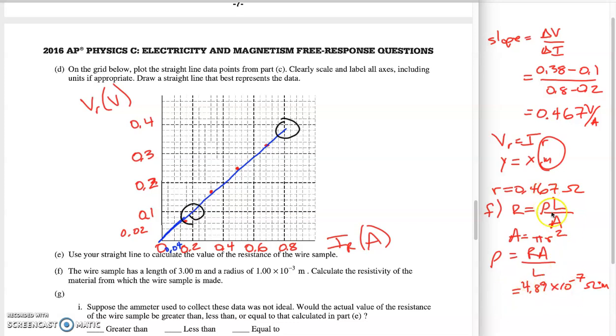So my values are a little bit off because I had to hand draw this on the computer. Now I'm going to have to pause again and scroll down a little bit farther in order to be able to look at part G.